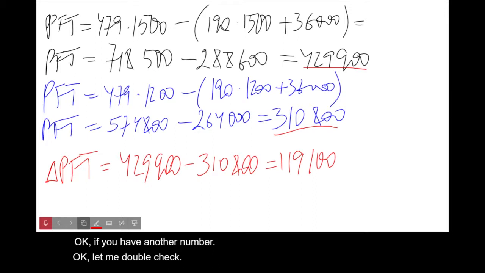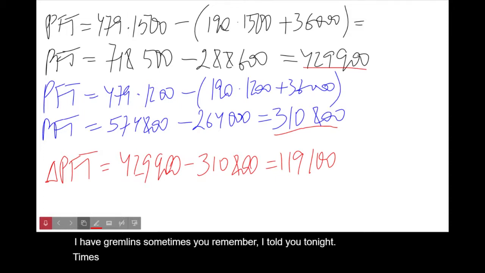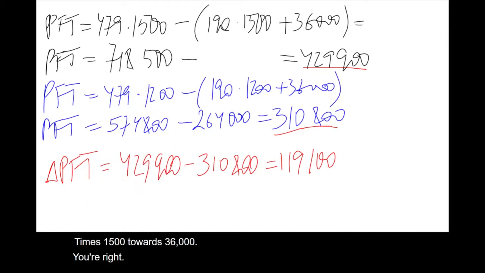Okay, let me double check. 479 times 15. I have gremlins sometimes, you remember, right? 190 times 1,500 plus 36,000. Oh yeah, right. Yeah, you're right. This and that and that.